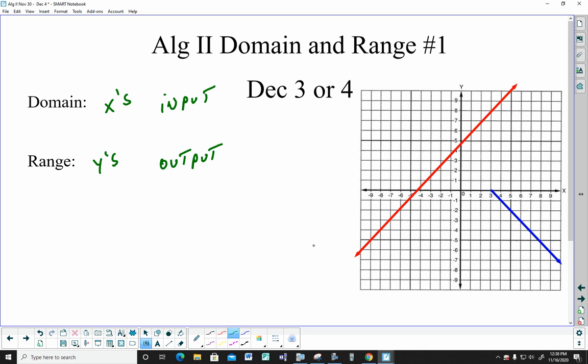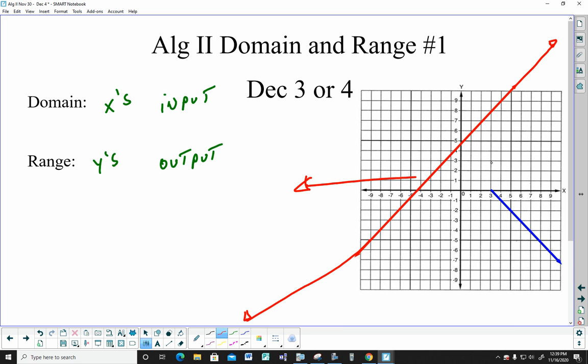So let's look at the red one first. If this continues forever to the left, and we're looking at input, and that's not very straight at all, I'm sorry, and this continues this way, what X's get used? Isn't it all of them? All X's, it goes on forever to the left, so all the X's to the left get used.